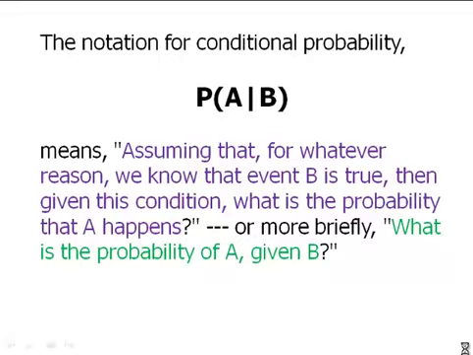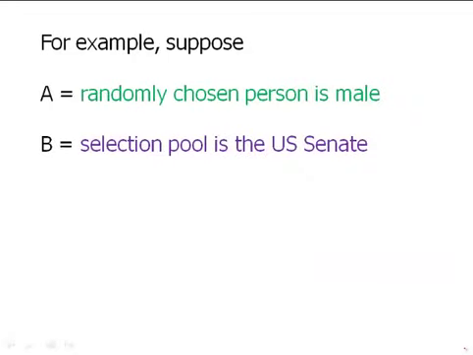Here's an example. Suppose A equals the event that a randomly chosen person is male, and B is that the selection pool is the United States Senate. If I just pick A by itself, ignoring B, just the general population, this is going to be something very close to 50%. I think technically women might be 51% and men might be 49% in the general population, but it's very close to 50%.